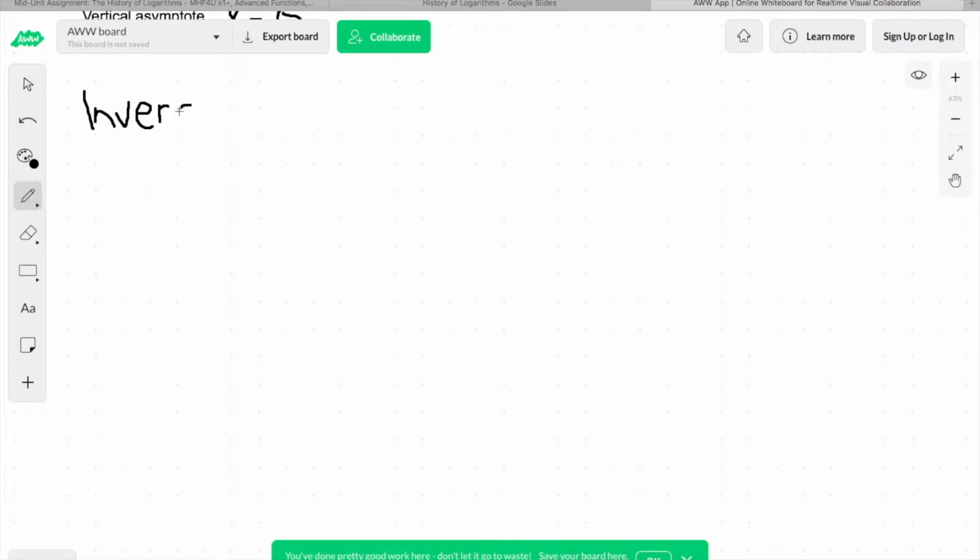Next, we're going to look at writing the inverse of an exponential function as a logarithmic function. There's a general form we follow. First, we write y equals b to the power of x.